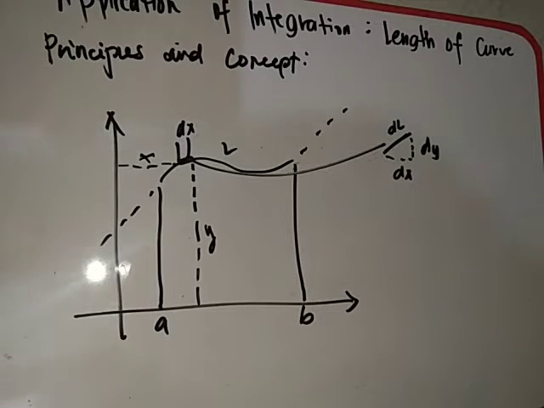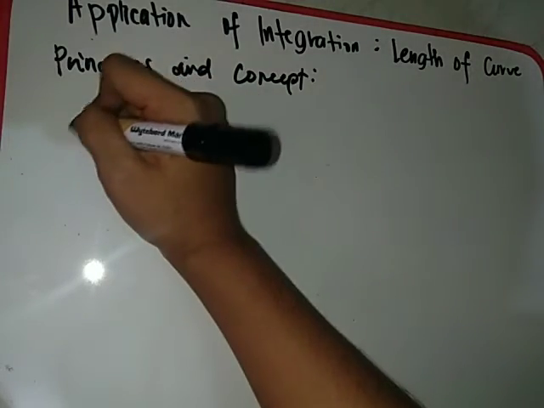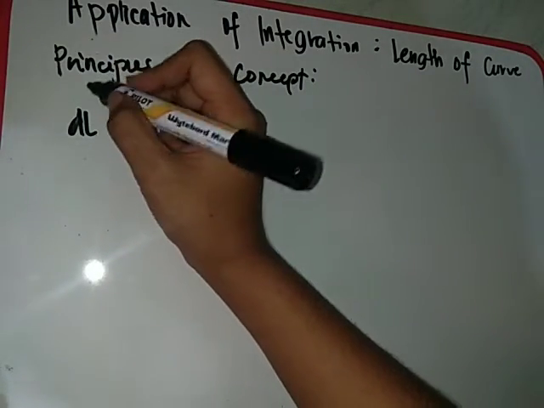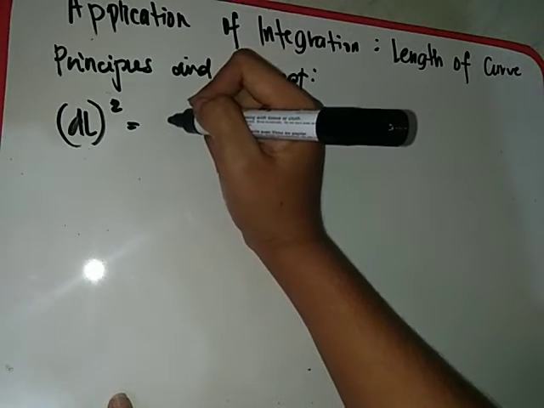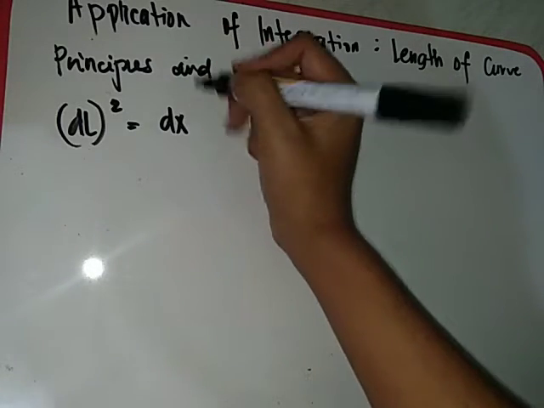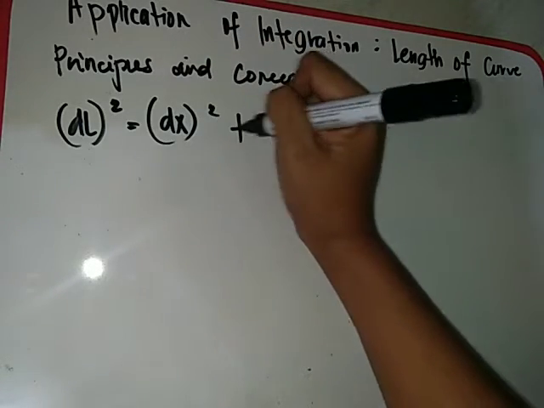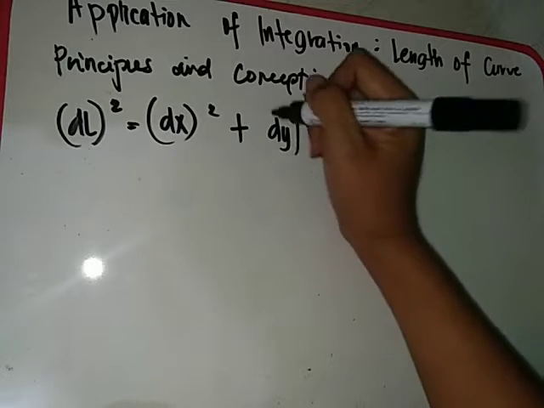To solve the length, we are going to use the Pythagorean theorem. So let's erase this first. So we have dl squared is equal to dx squared plus dy squared.